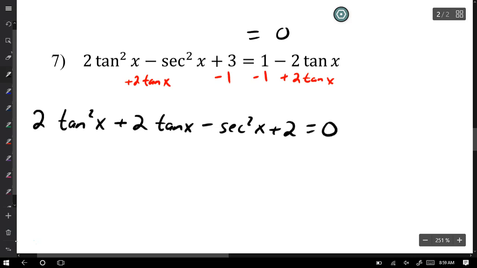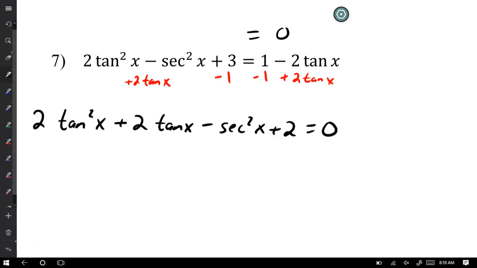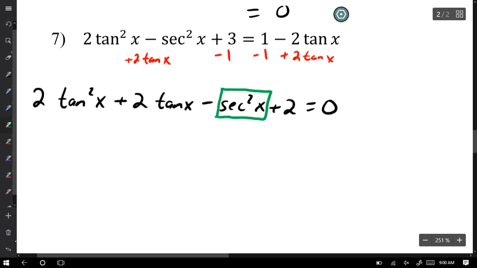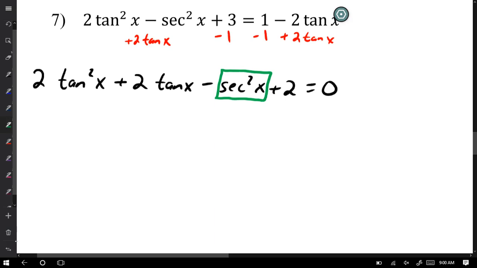So the first thing I did was set equal to 0. That's not too bad. The next thing I do is get a common term. I don't want secant squared. And secant squared, I think we did this in a previous problem, is really tangent squared of x plus 1. But there's a problem. This entire object is secant squared of x.